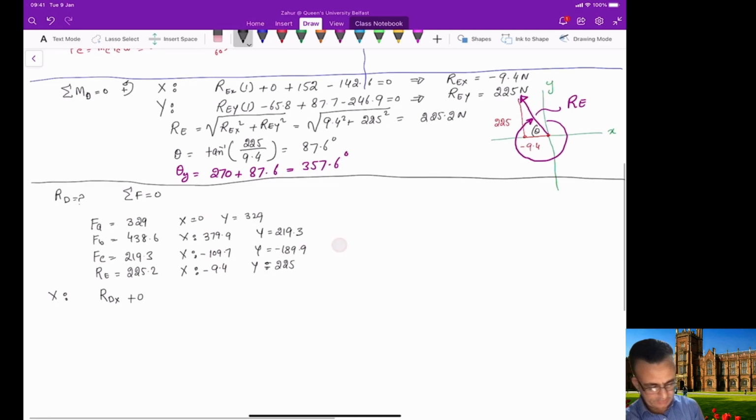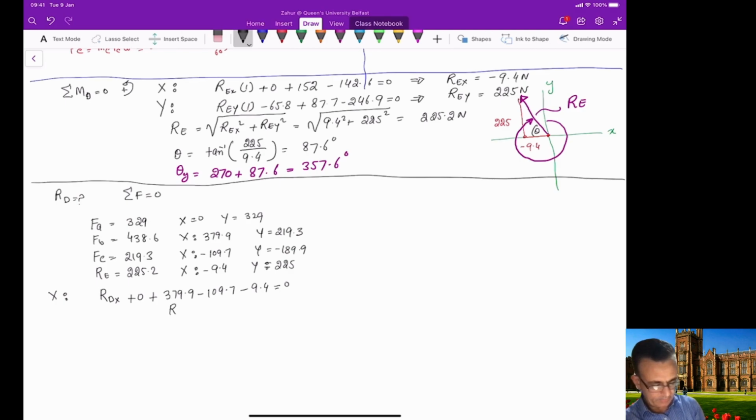So plus 0, which is FAx, then FBx, which is 379.9 and positive, then plus FCx, which is negative, so minus 109.7, and then plus REx, which is minus 9.4, and this should be equal to 0 here.